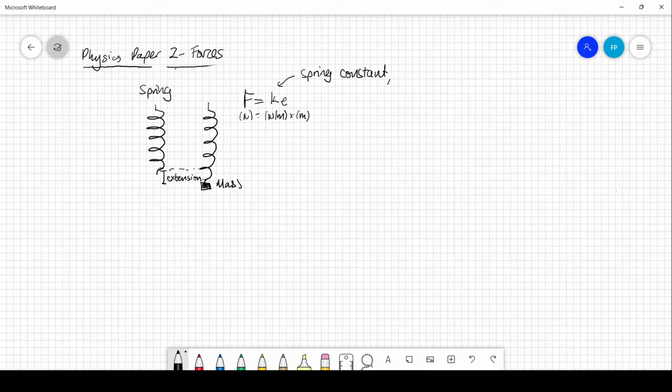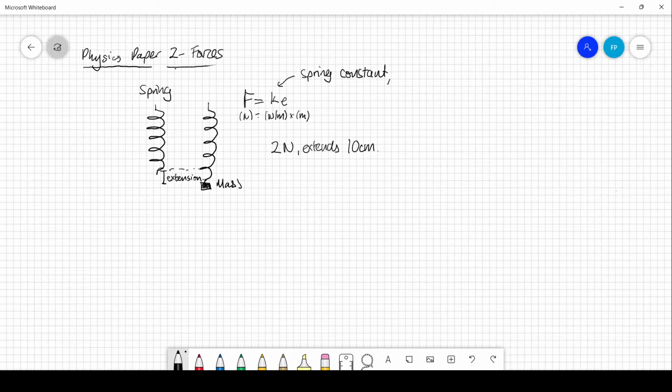Typically, you will never get the spring extending in meters. It will only extend down by a few centimeters sometimes. As an example, a force of about, let's say, 2 newtons extends a spring by 10 centimeters.